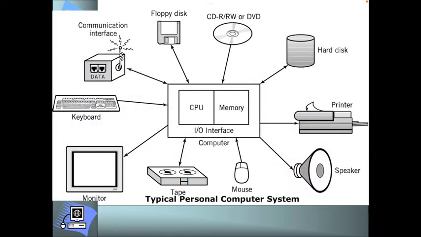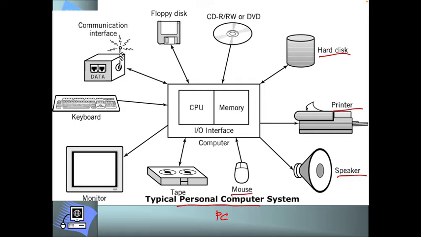If you want to refer to our PC, what is a PC? It is a personal computer system. This is what we can have: hard disk, printer as output, speaker also for output, mouse for input.